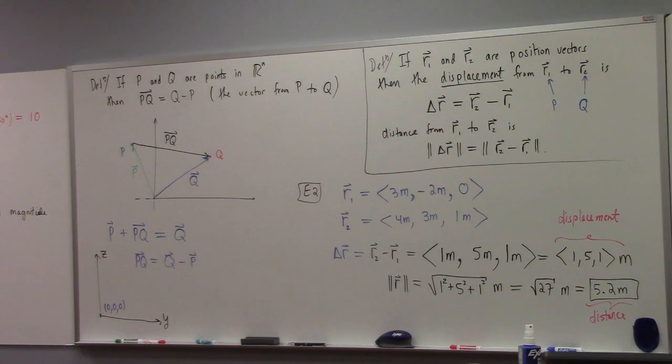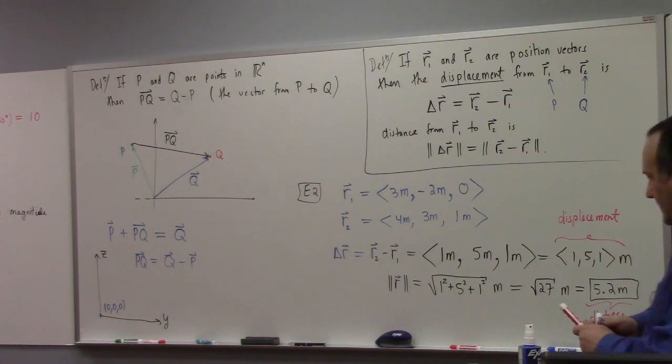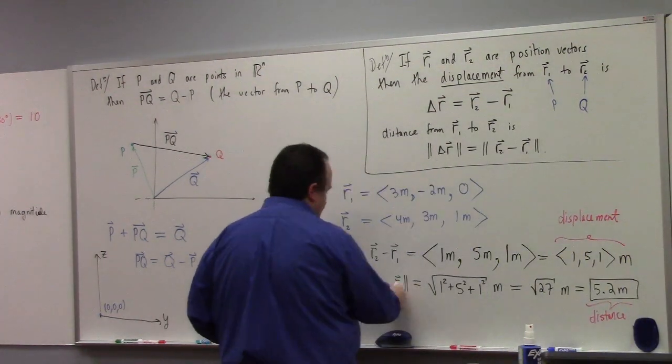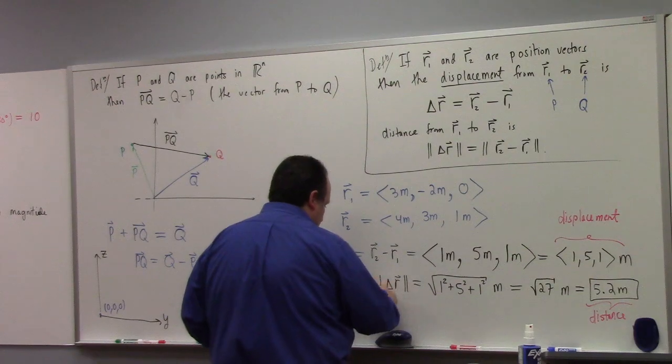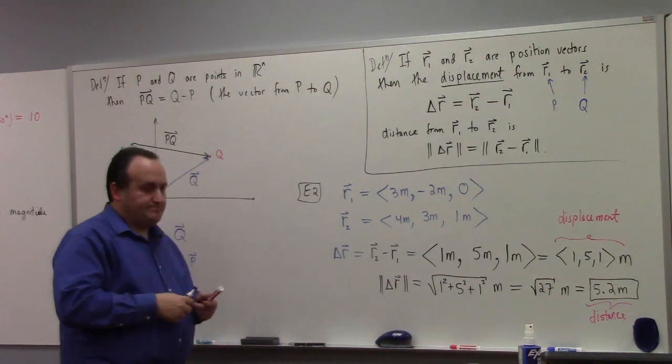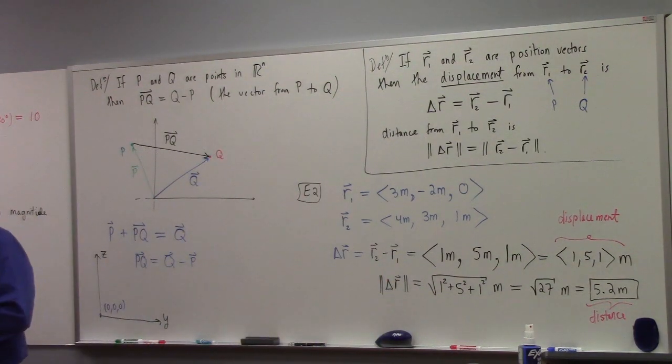But up there it gives this definition for distance. The distance from R1 is right under. Oh, I'm sorry. I'm missing a delta. I see you. Thank you. That's the change in the position, the displacement.